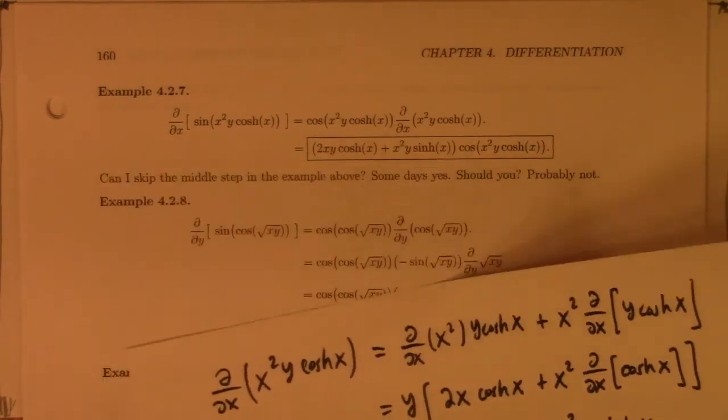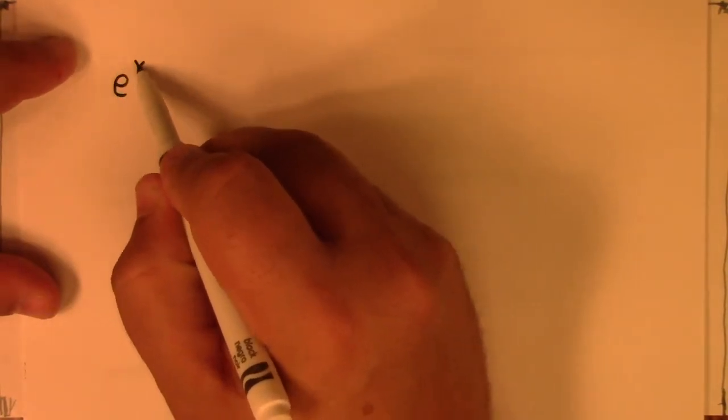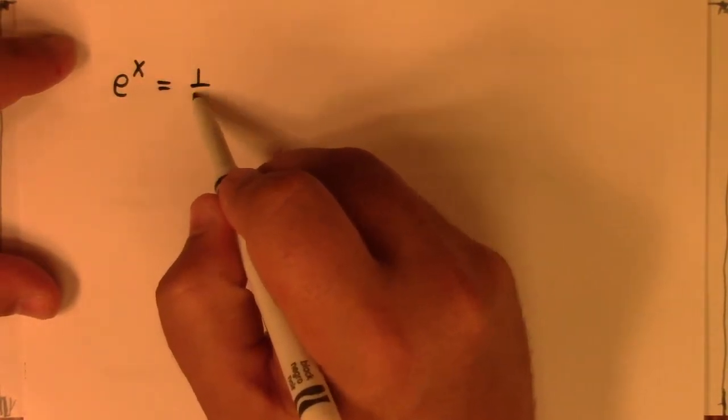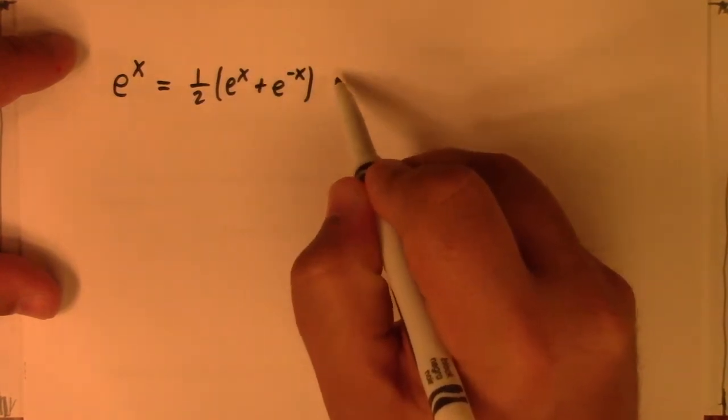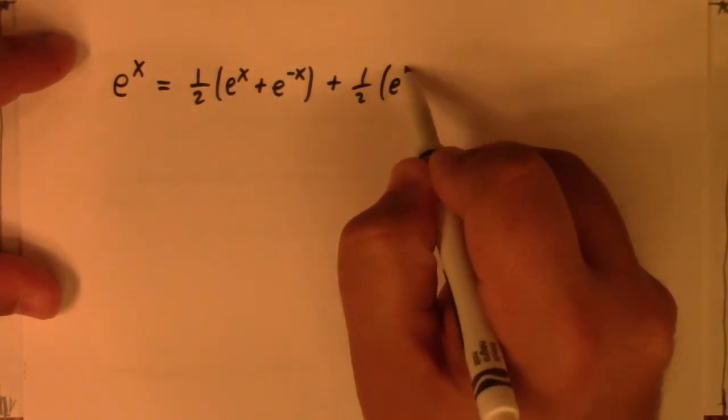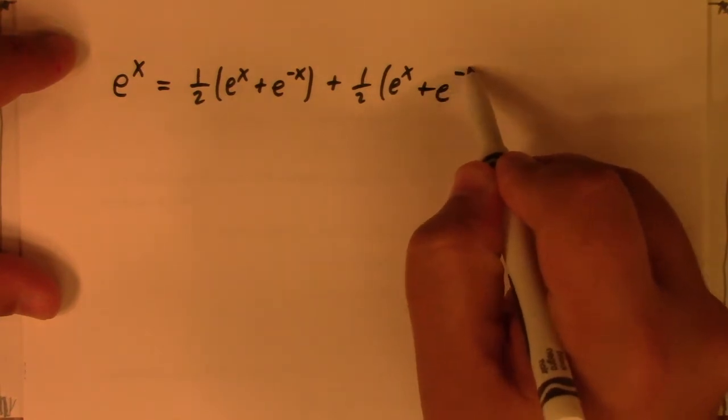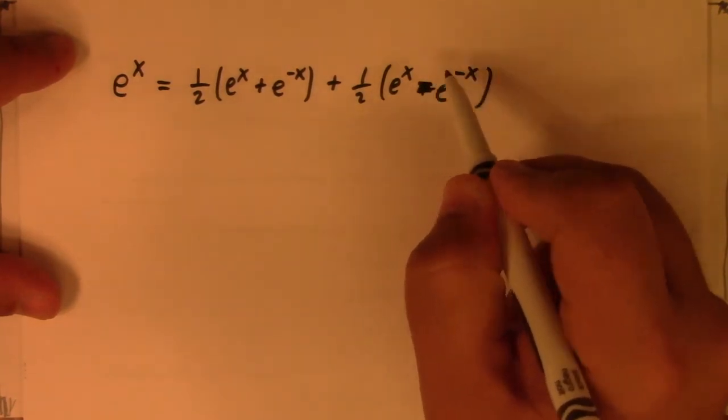Okay, fine, obligatory crash course in the hyperbolic sine and cosine. If you already know hyperbolic sine and cosine, you can skip ahead a minute, but basically if you take e to the x and you write it as 1/2 (e to the x plus e to the minus x) plus 1/2 (e to the x minus e to the minus x). That was a mistake, I made a minus there.